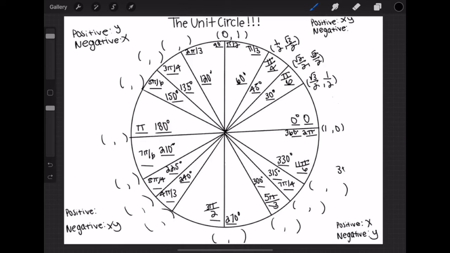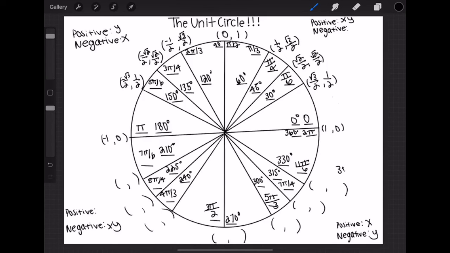So now I'm going to fill out the next quadrant. So as you can see, all the x's are negative in this, and that makes sense because in a graph, in the second quadrant, all the x's are negative.